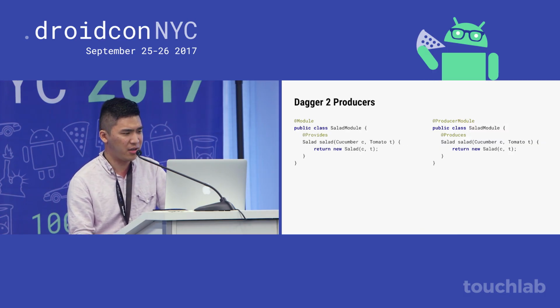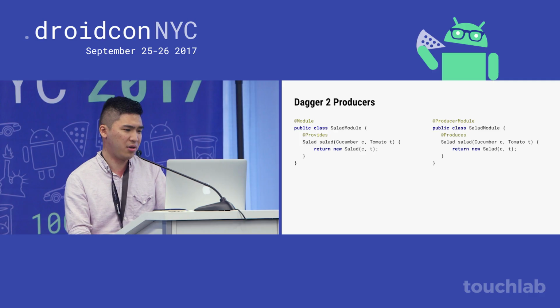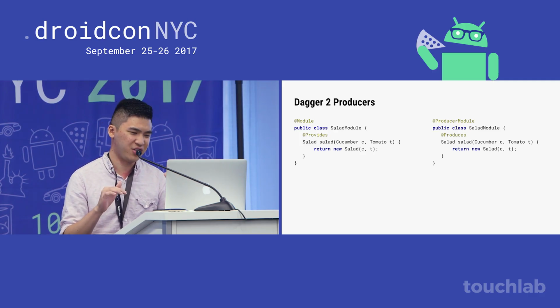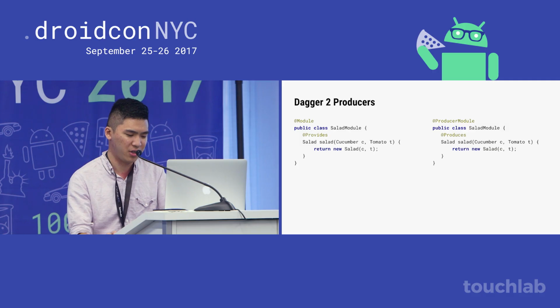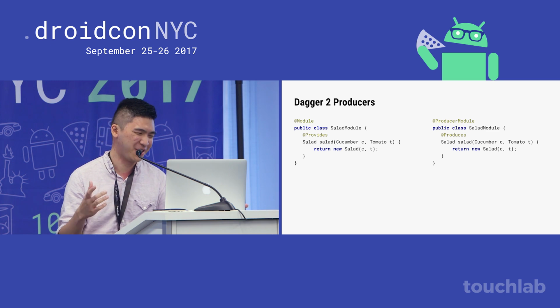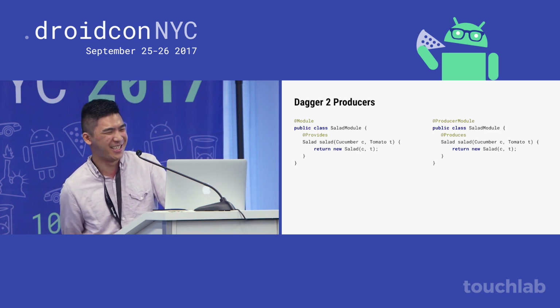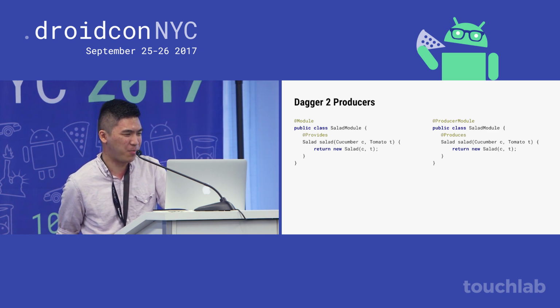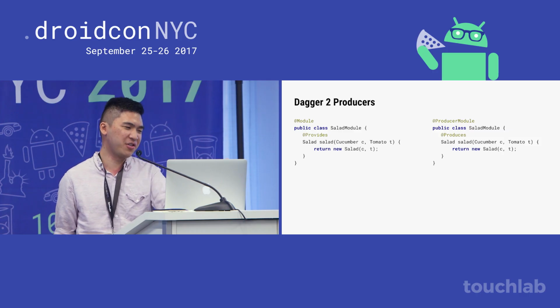Here, with Dagger 2 producers, they have a whole different set of annotations for what are called producer modules and, I don't know if there's a verb for it, but I call it production, instead of provides.